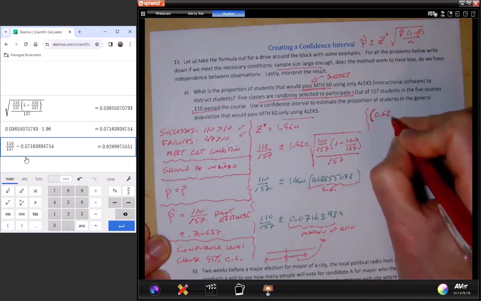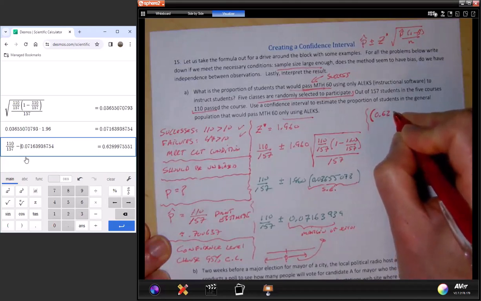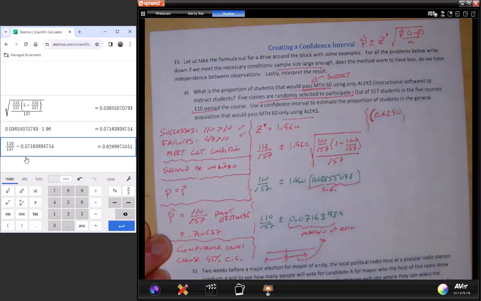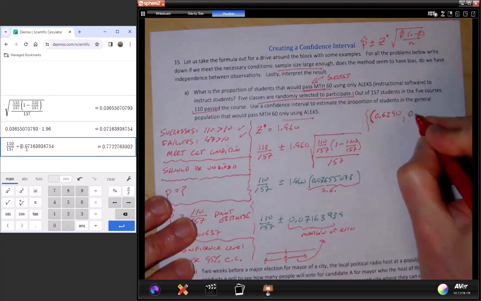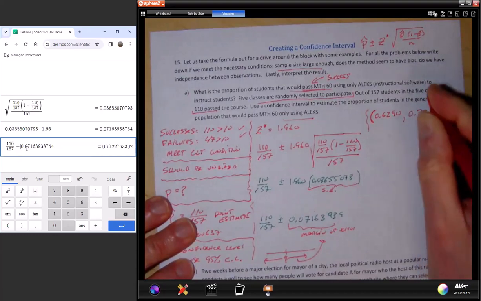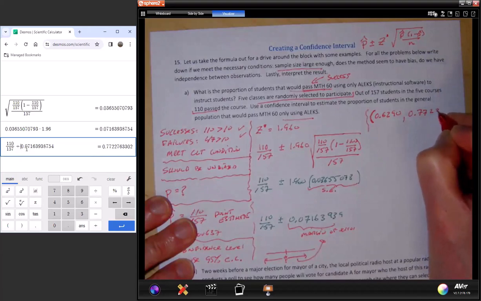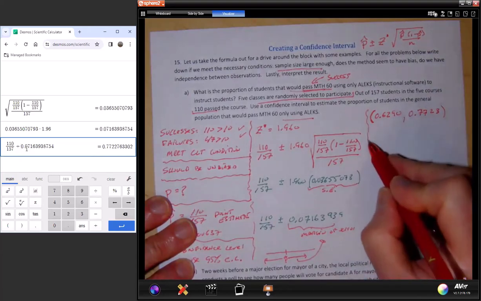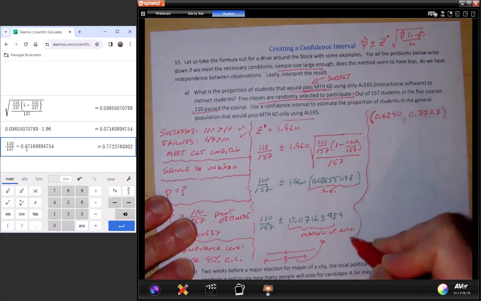I'm not going to write everything down. I don't need that much accuracy. I'm going to just go 4. If I go 4, it'll be 90. Right. And then all I need to do is come over here and just add that same amount. And again, I'm just going to do 4. And there's my confidence, my range estimate.